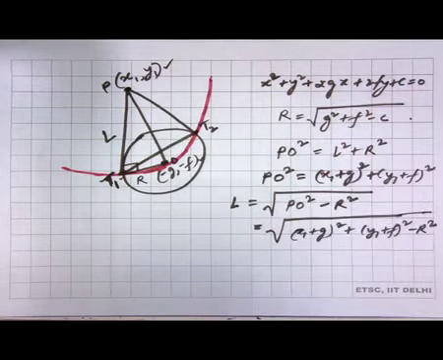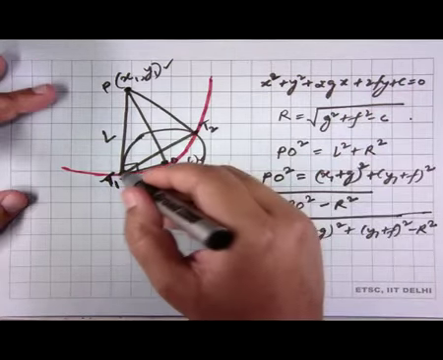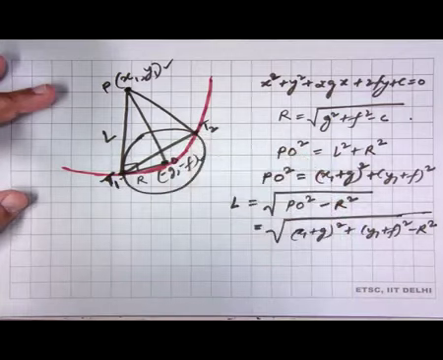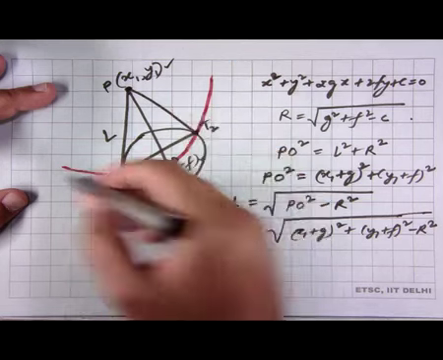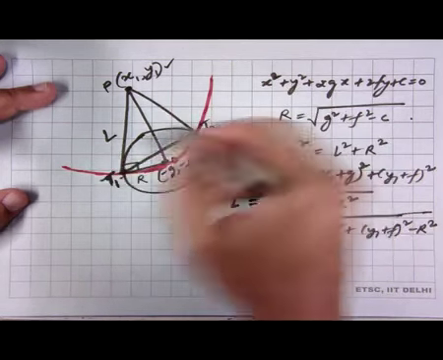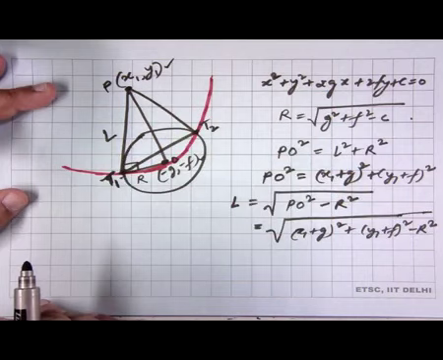And therefore, the equation of this chord T1 T2 which we want to find out is nothing but the equation of the radical axis between the red circle and the given black circle, and this we know earlier.